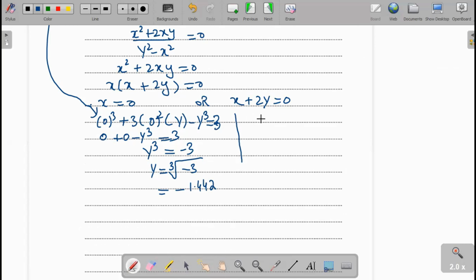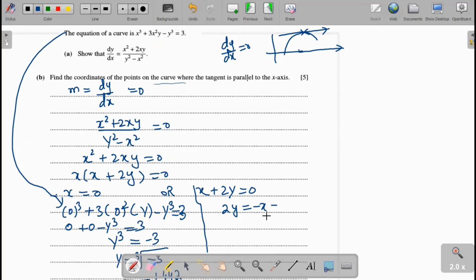Now x plus 2y equals 0, so 2y equals minus x, and x equals minus 2y. Now we put this value in the equation of the curve, x cubed plus 3x squared y minus y cubed equals 2.